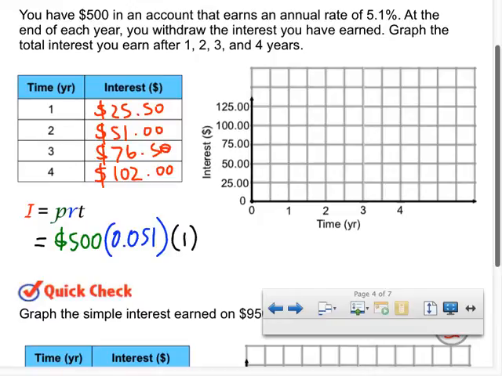So let's go ahead, quiet, please. Let's go ahead and graph these because you're going to see that on the quiz tomorrow too, knowing how to graph a table. Now, if you notice, what type of sequence do we have here? It's an arithmetic. Does it go through 0, 0?